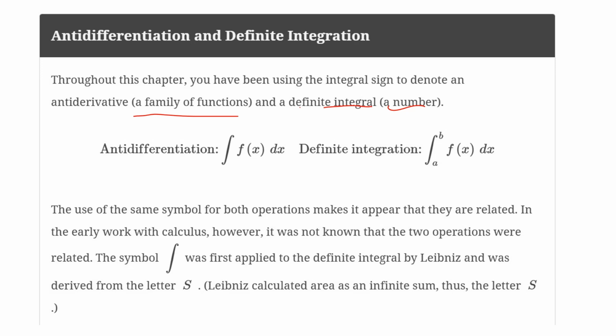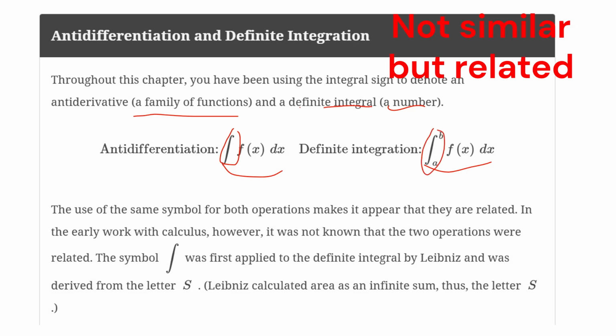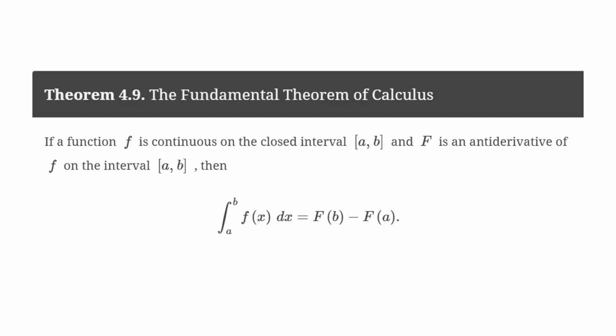However, in this chapter, we see that these two concepts are similar, and that's the reason why they have the same symbol. And that's what the fundamental theorem of calculus says. It says that if a function f is continuous on the closed interval [a, b], and F is an antiderivative of f on the interval [a, b], then the solution for the integral of f of x from a to b is just the antiderivative at point b minus the antiderivative at point a.